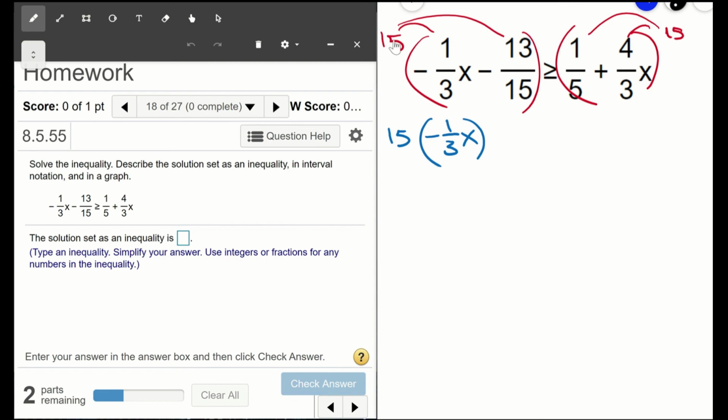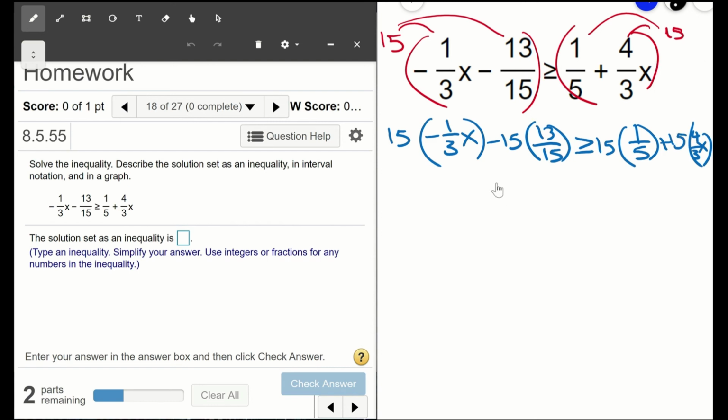Now, positive 15 times negative is going to give us negative 15 times 13/15, greater than or equal to 15 times 1/5 plus 15 times 4/3 x right there.